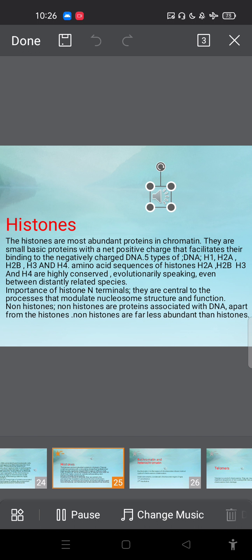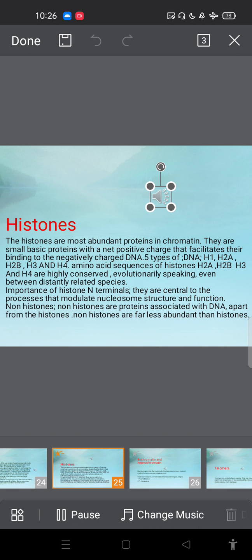Next one, non-histones. Non-histones are all the proteins associated with DNA apart from the histones. Non-histones are far less abundant than histones. Many non-histones are acidic proteins, proteins with a net negative charge. Non-histones include proteins that play a role in the processes of DNA replication, DNA repair, transcription, and recombination.